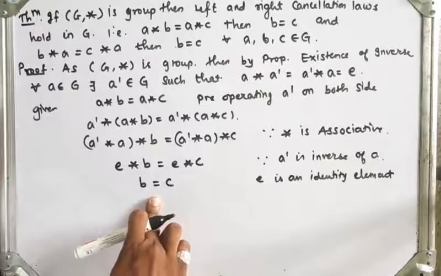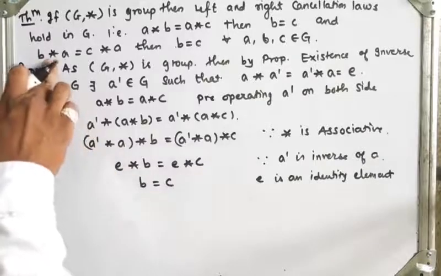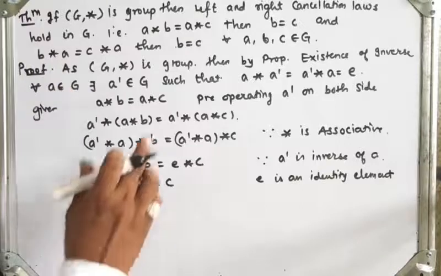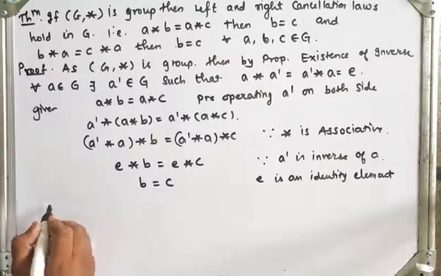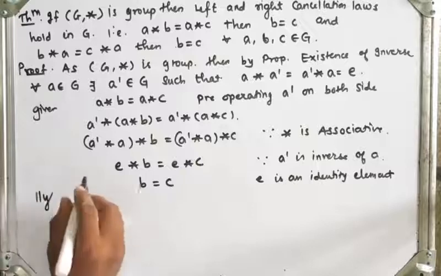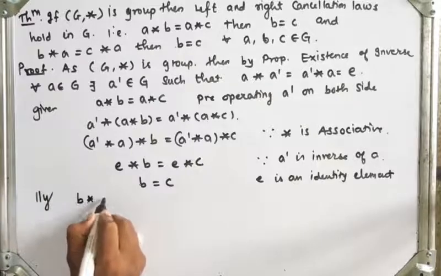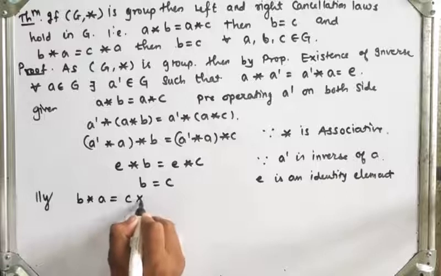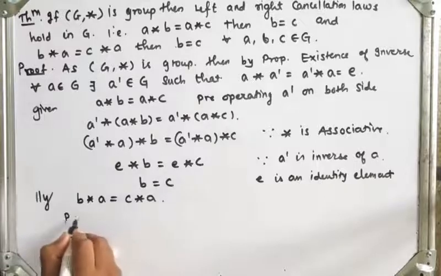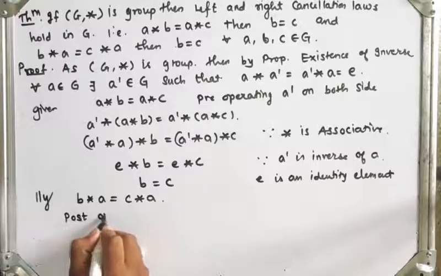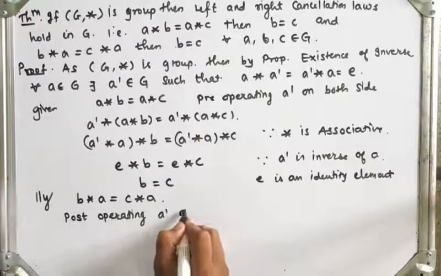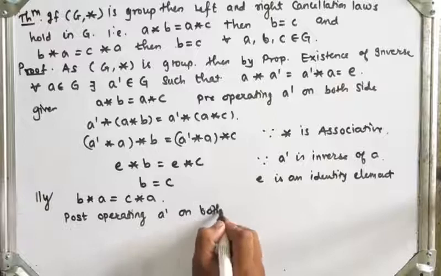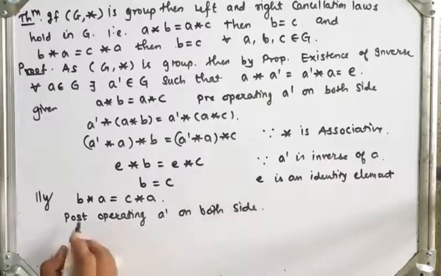Now the same thing for B star A is equal to C star A. Then we have to show that B is equal to C. Similarly, B star A is equal to C star A. Now post-operating with A dash on both sides, what will we get?